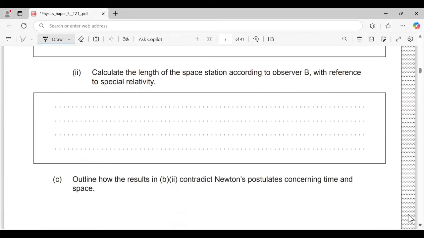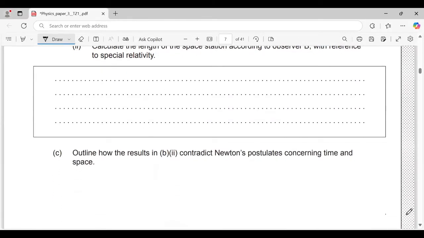Special relativity, right? I would like to start with this one. Gamma equals 1 over the square root of 1 minus 0.6 squared.